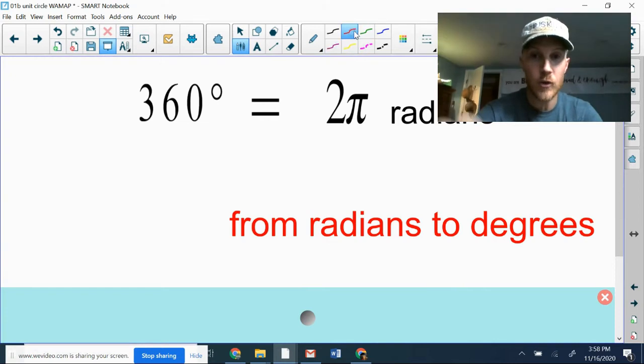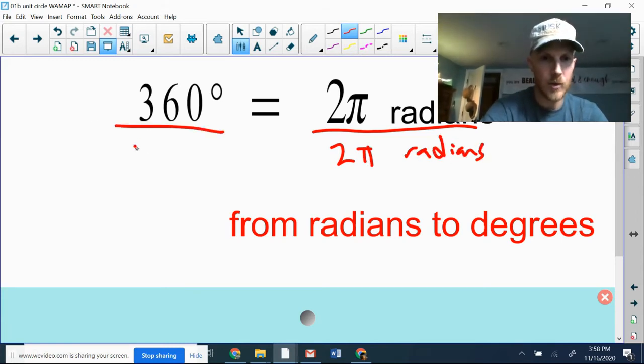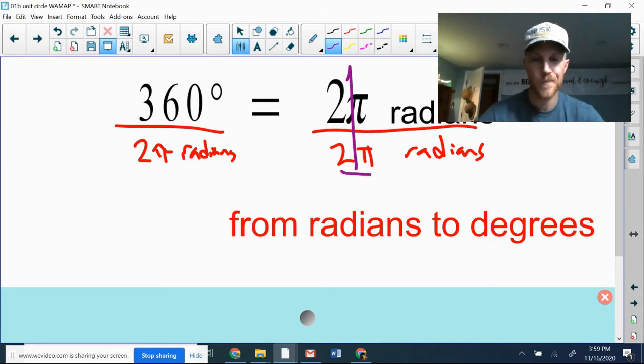We can take this equation and we'll just divide both sides by 2 pi radians. Laws of algebra, you can do whatever you want to an equation as long as you do the same thing to both sides. So on the right-hand side, 2 pi radians divided by itself is going to equal 1. So that's going to basically cancel.